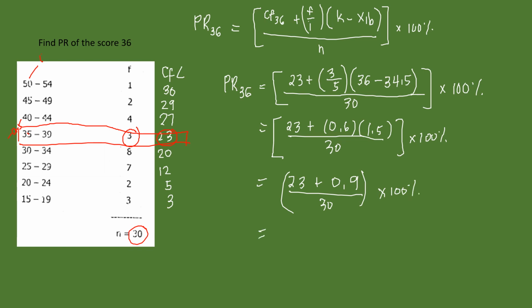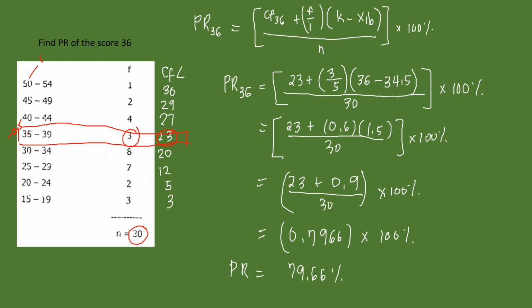So you have 23 plus 0.9. That gives you 23.9 divided by 30. That would give you 0.7966. So let's just try until 4 decimal places, times 100%. And that will give you 79.66%.